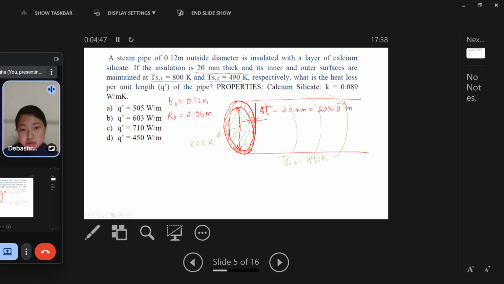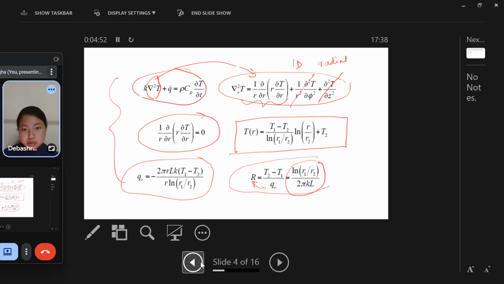Here we have seen the formula of T, or the Q. They have asked to find out Q, so the Q formula is also given. You can directly use it.